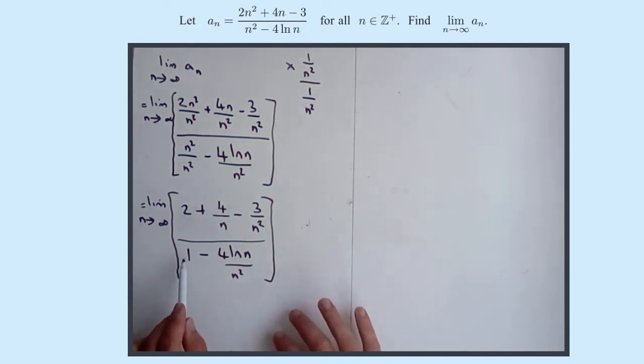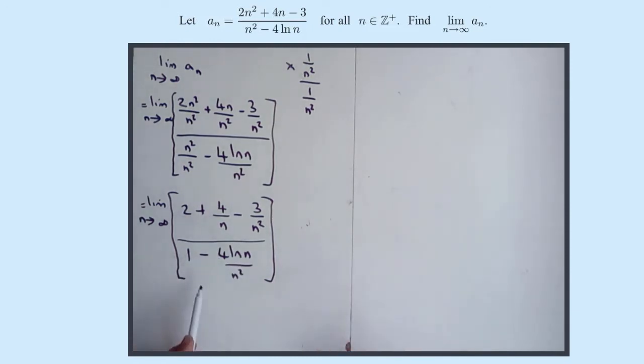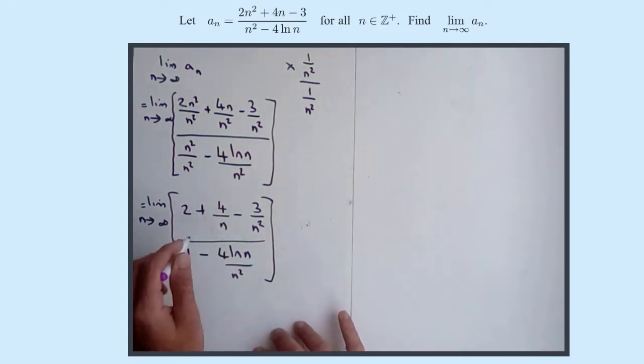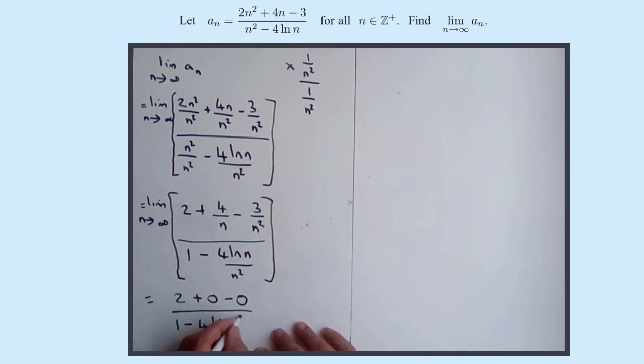The limit of 1 is just 1, and this last one is going to need more work, but we can pull the minus 4 out. So now this equals 2 plus 0 minus 0 over 1 minus 4 times the limit as n approaches infinity of ln n over n squared.